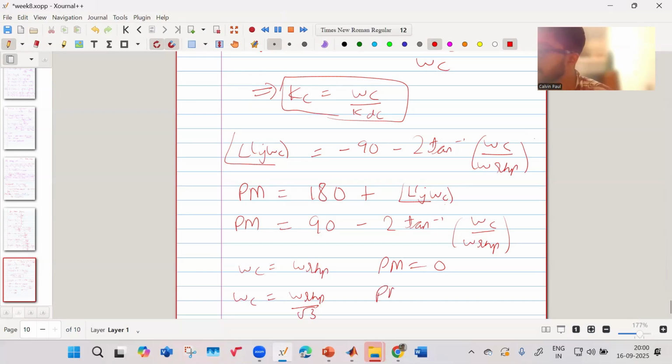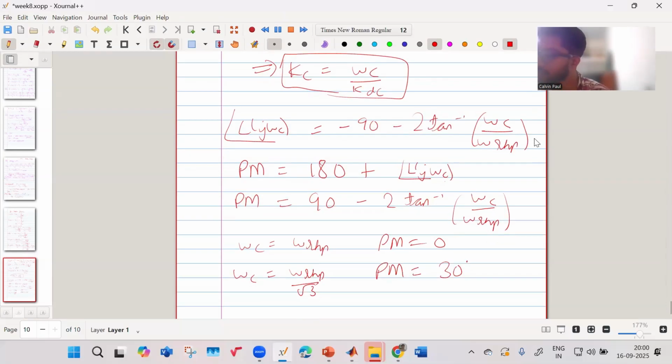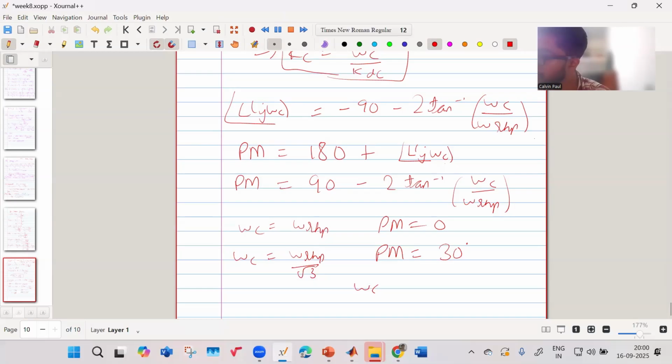What would your phase margin be in that case? 30 degrees. Correct. Very good. So from this, we know that your omega c should be less than omega RHP.